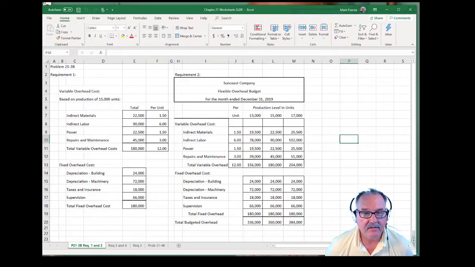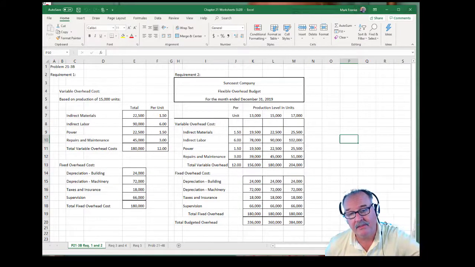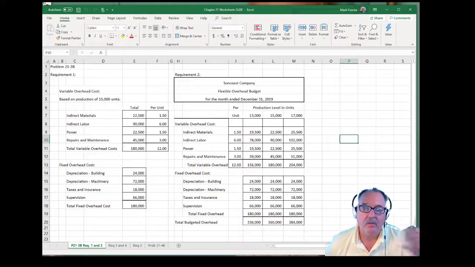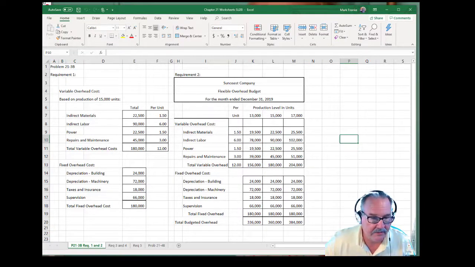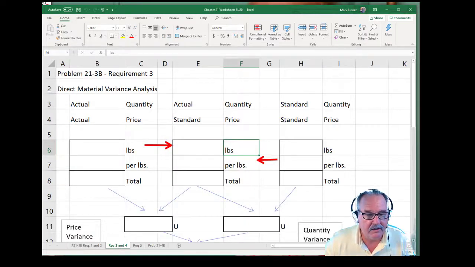This is the way we manage financial information in a business: we prepare a plan, this is what we think is going to happen, and then we compare that to what actually happened, and then try to figure out why things are different. So requirements 3 and 4 focus on direct materials and direct labor.